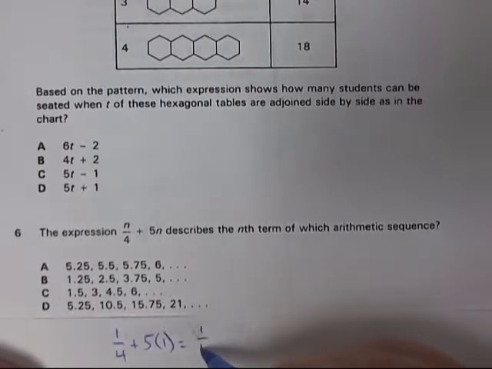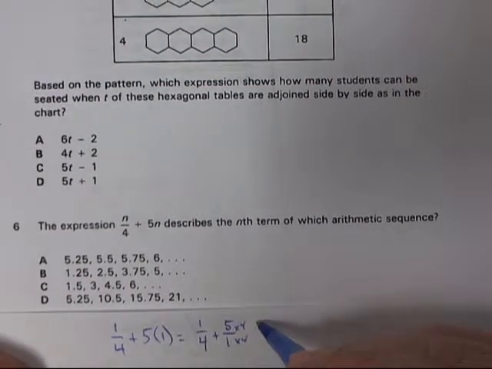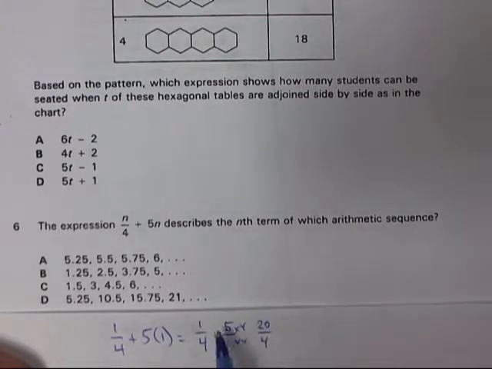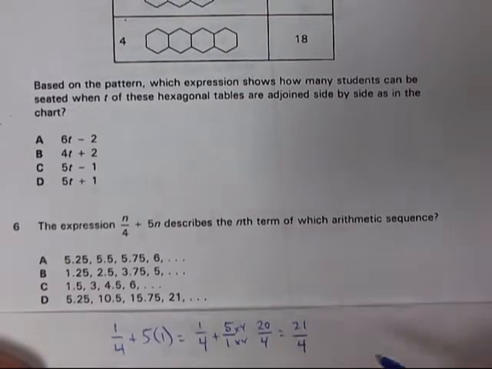Well, I know 1/4 plus 5. 5 can be rewritten as a fraction, 5 over 1. I need to get a common denominator, so I need to multiply by 4. So this fraction becomes 20 over 4. So you add 20 plus 1, you get 21 over 4.